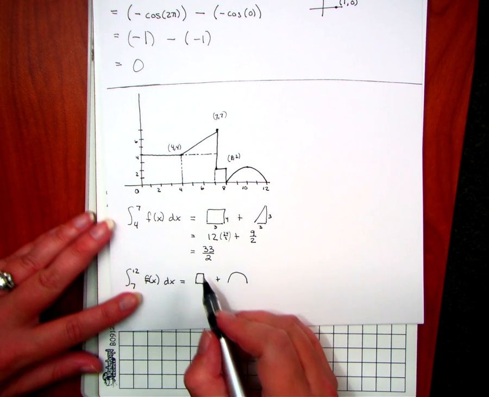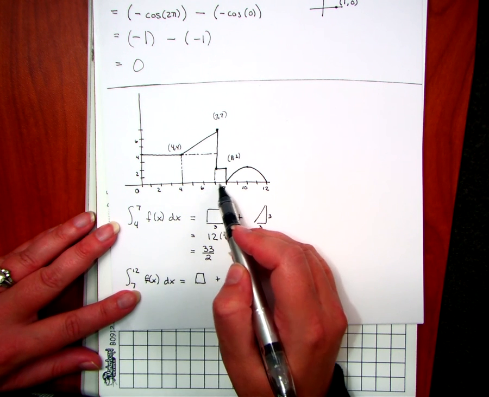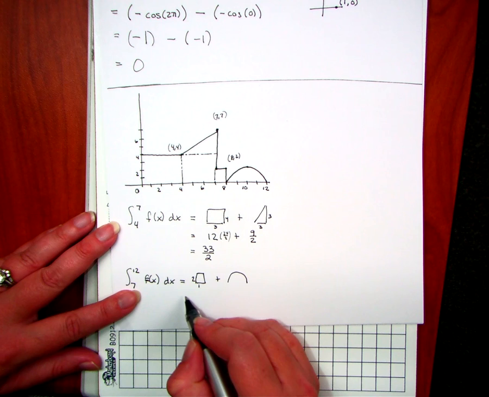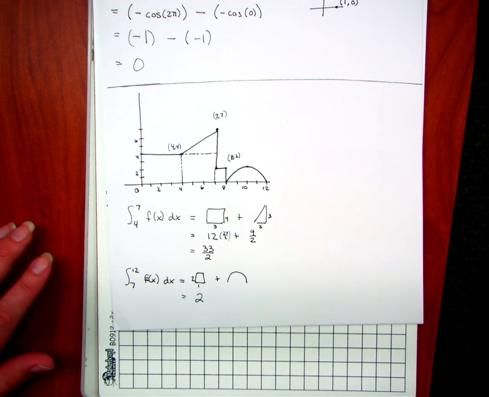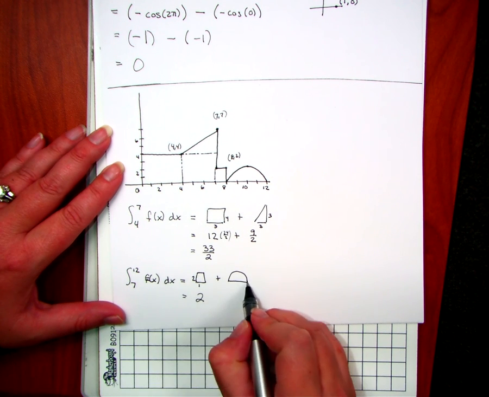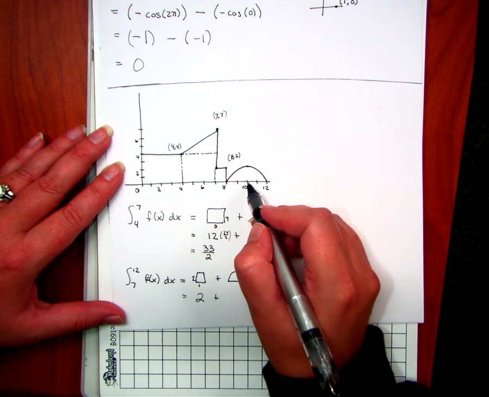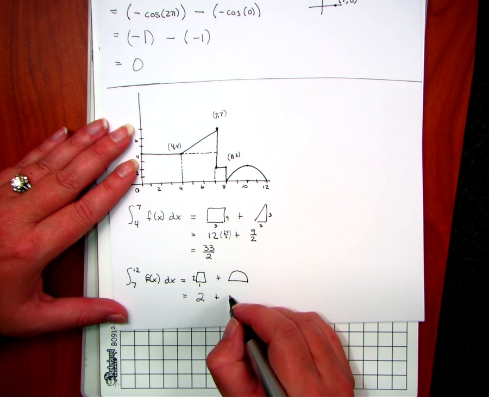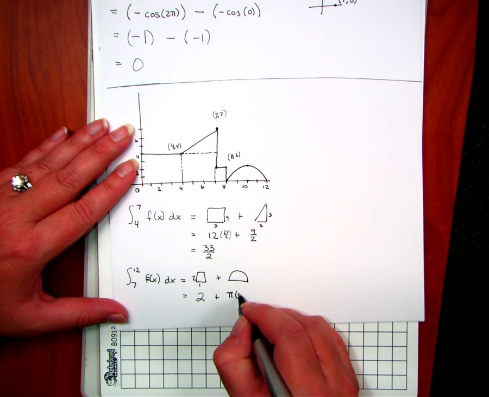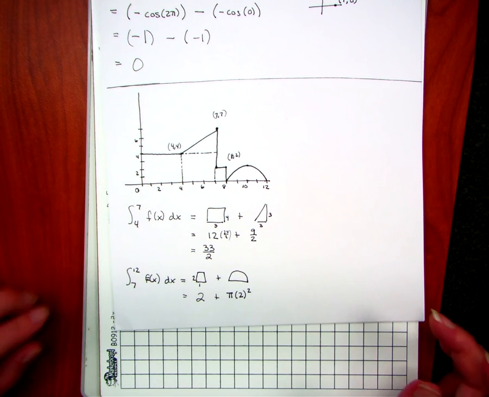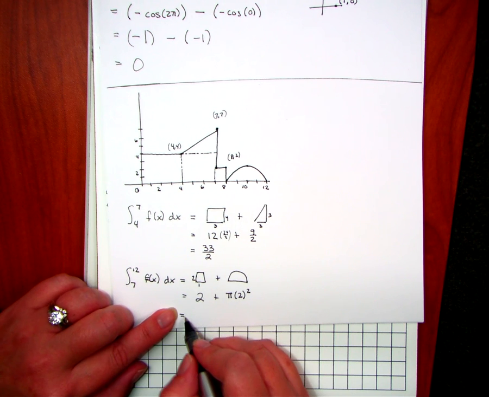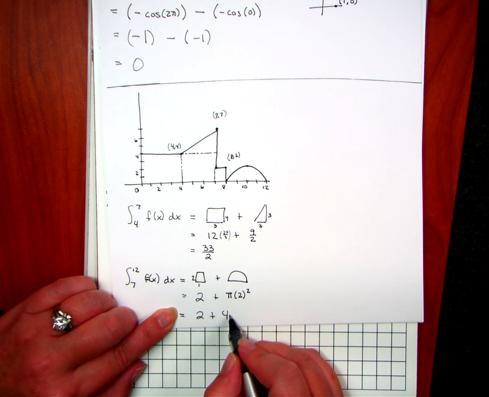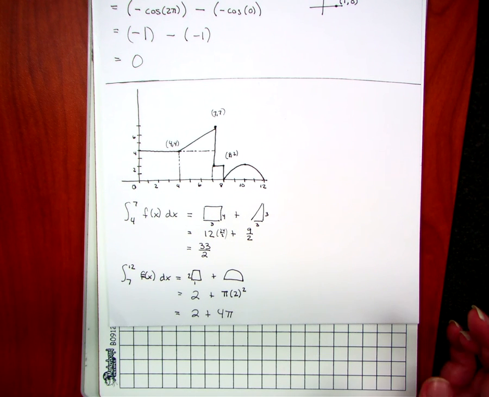The small rectangle is a 1 by 2, so we're going to get an area of 2. And then for this half of a circle, the radius is 2, right? So we're going to get half of pi r squared, which is 2 pi. I'm just going to leave it at 2 plus 4 pi.